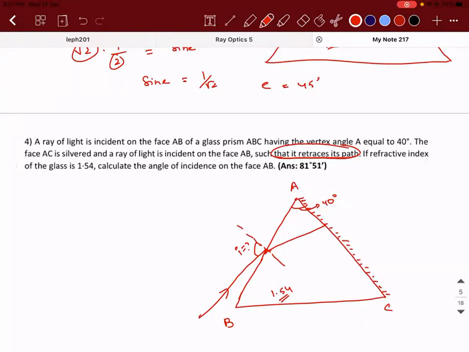It means the incident ray on side AB should be in such a way that the refracted ray inside the prism is bent so that it hits the mirror at an angle of 90 degrees, or the angle of incidence in that case is 0 degrees. So you're able to understand the difference. A ray incident normal to a surface means the angle of incidence is 0. Right? When this is going to happen, what is the value of R2?